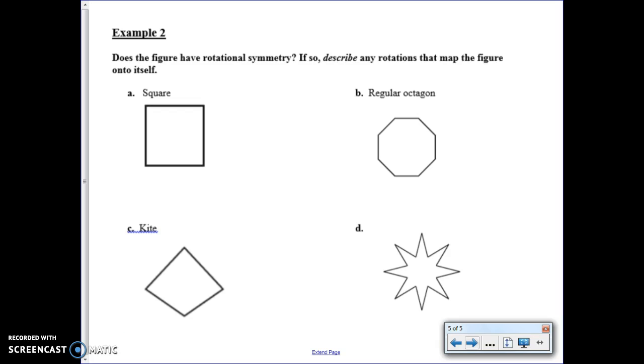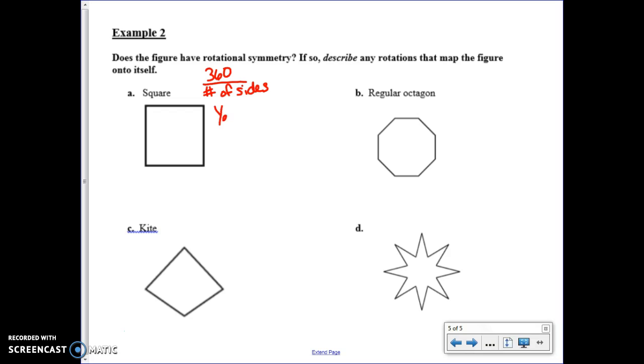One thing to note is if it's a regular figure, we can find the degree measure of the rotations by taking 360 and dividing by the number of sides. So in this case, we have a square. That's a regular quadrilateral, so we could do 360 divided by 4.